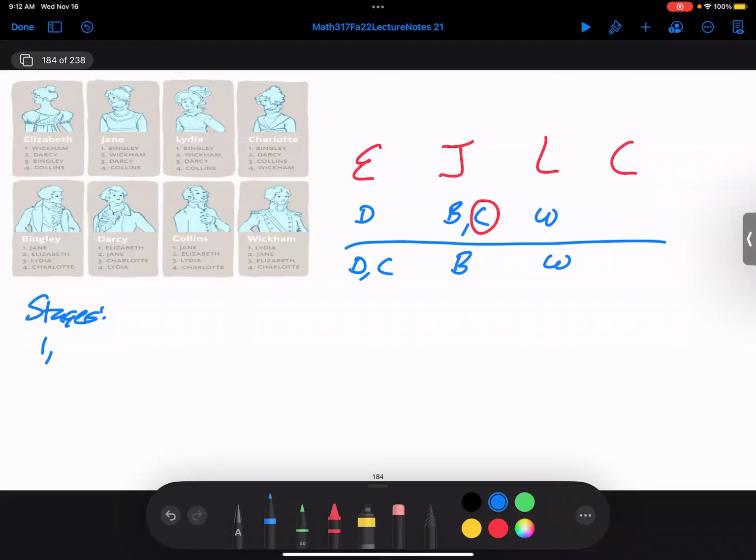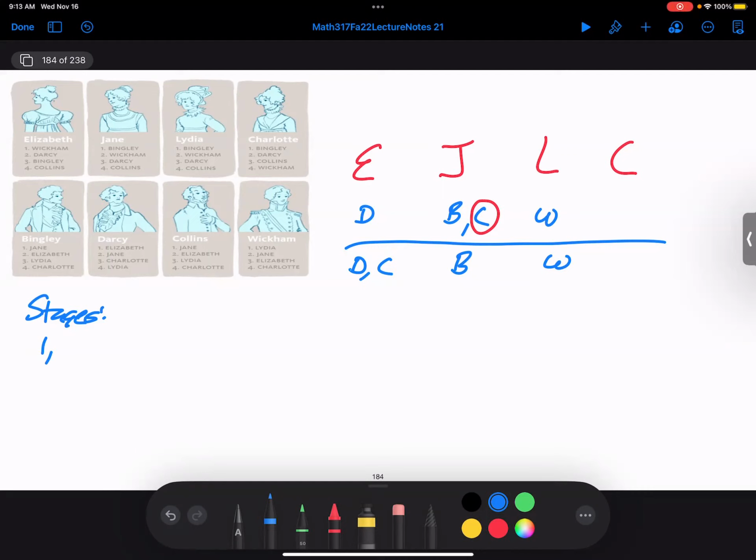Each woman only keeps one maybe per round, right? Each woman is going to take the highest available suitor. So if Elizabeth has offers, she's going to reject all but one offer, and then that offer she's just going to keep on a string.